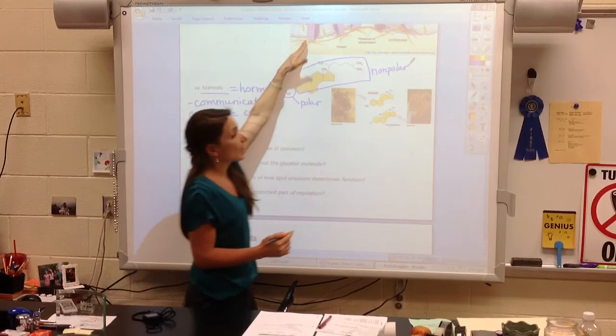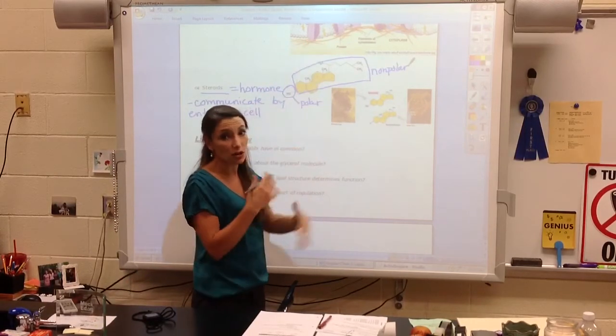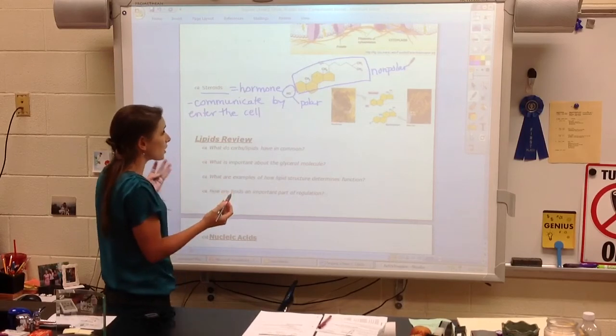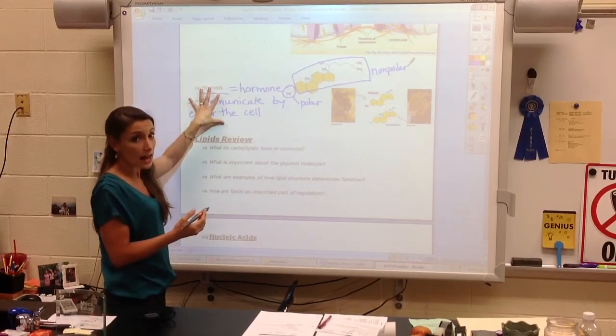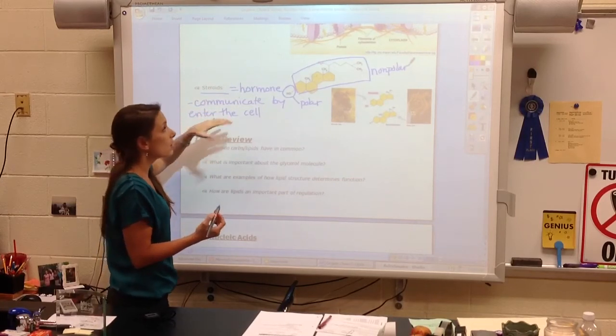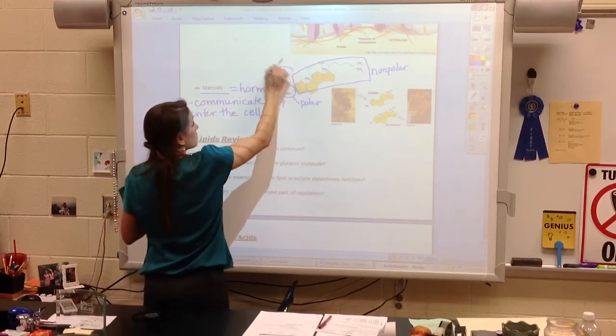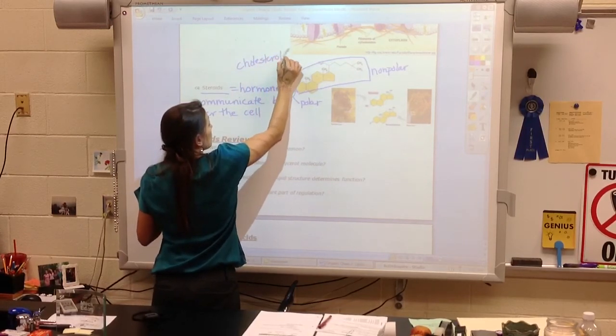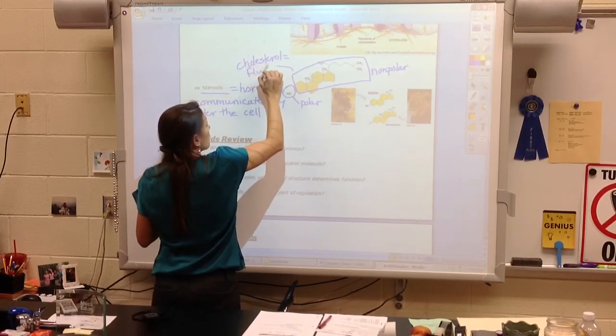Other hormones are just going to have to attach to a protein and start a different way of sending a signal. But what we want to know is that there's a second class of very important lipids that have to do with the cell. The cholesterol itself is going to help with fluidity.